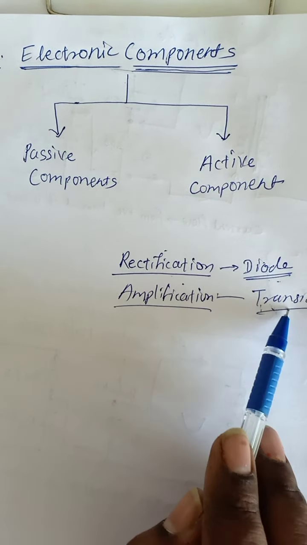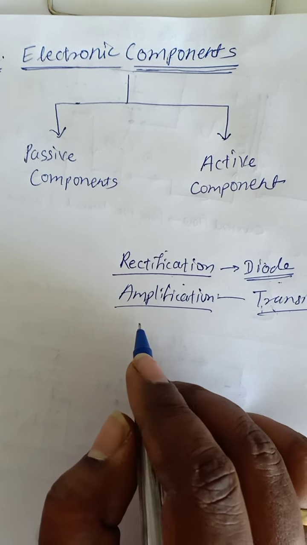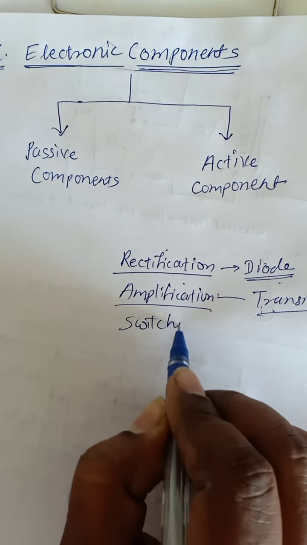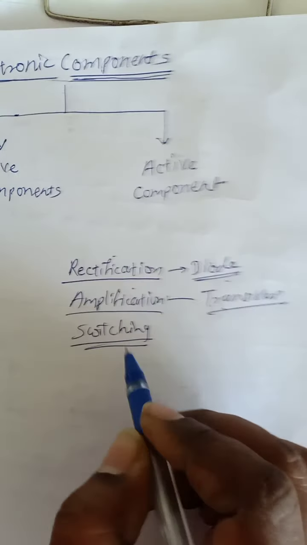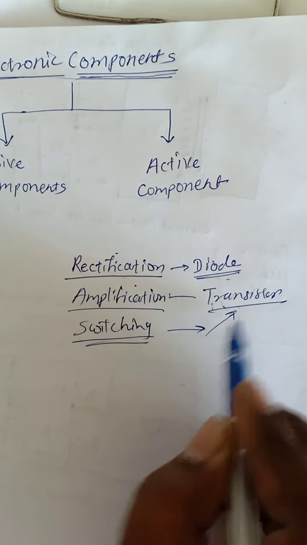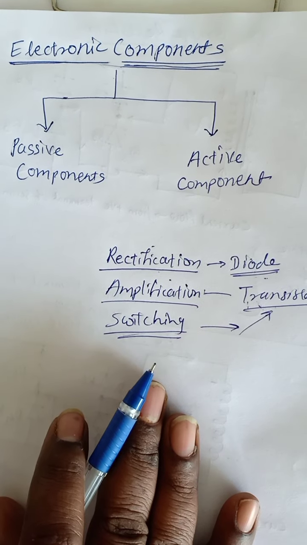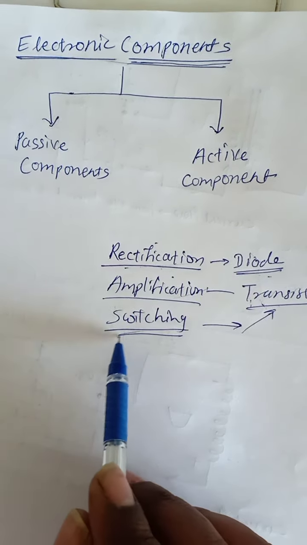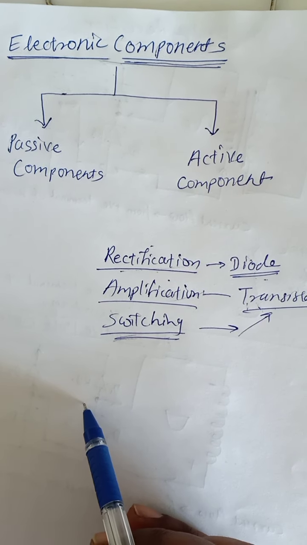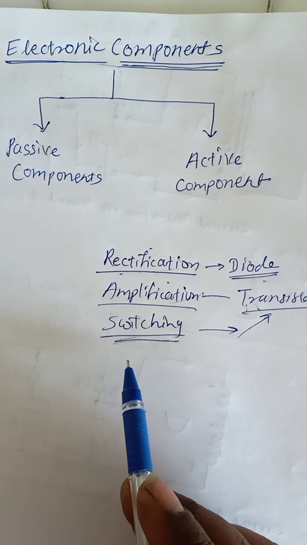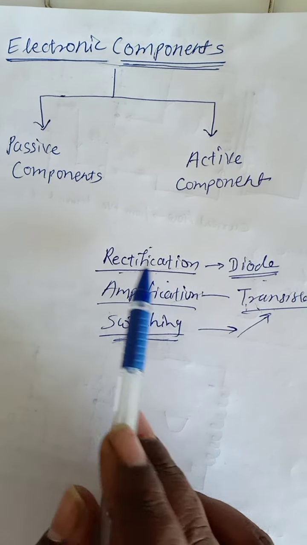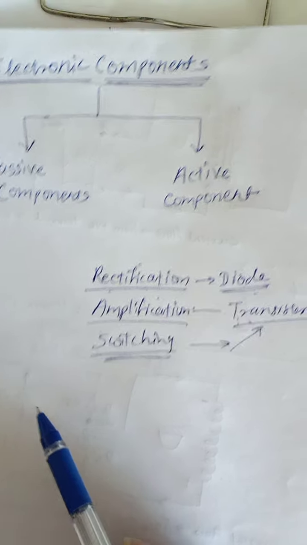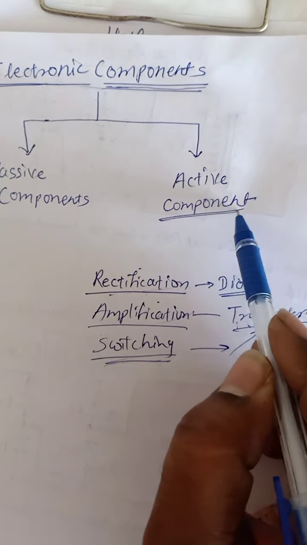Diode is used for rectification, transistor is used for amplification, and then next one is switching. So the transistor can be used as a switch also. So these functions, rectification, amplification, switching, are performed by the components which are known as active components.